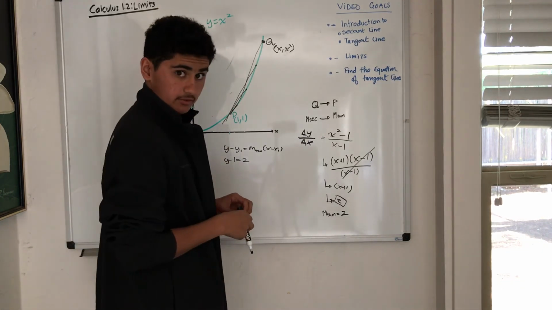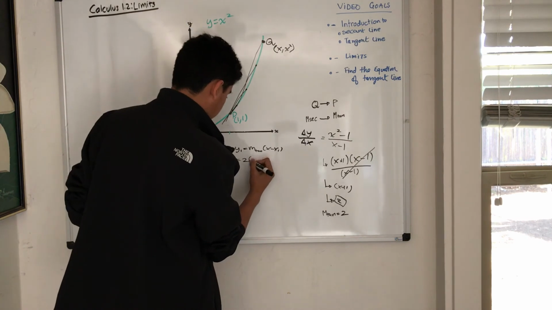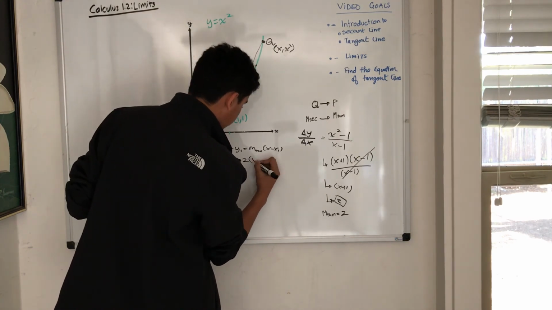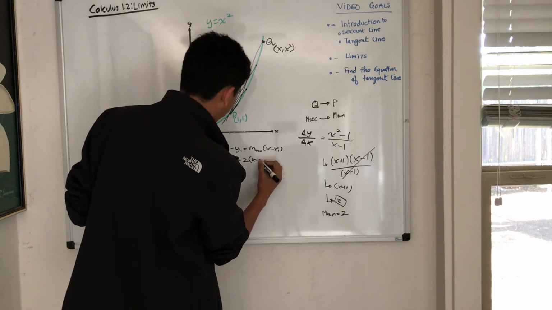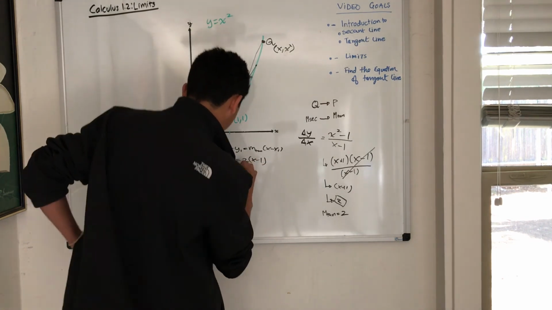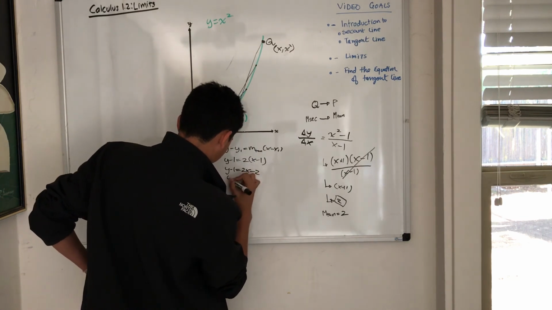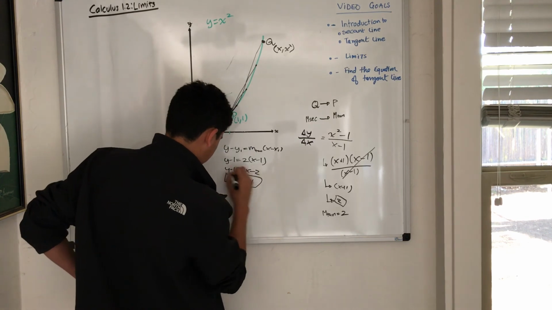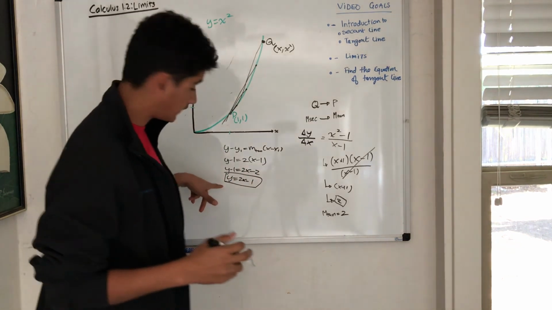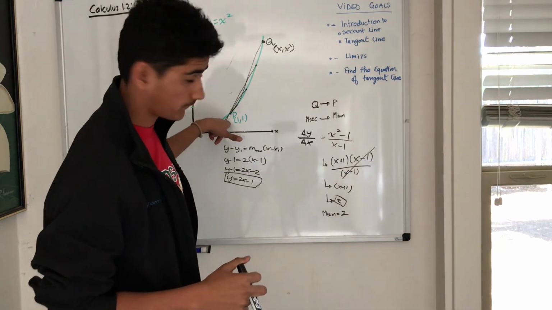And by the way, m stands for slope, if you guys didn't know. So 2 is going to be times x minus x1, so x minus 1 again. And if we simplify this, we just found the equation for the tangent line at P.